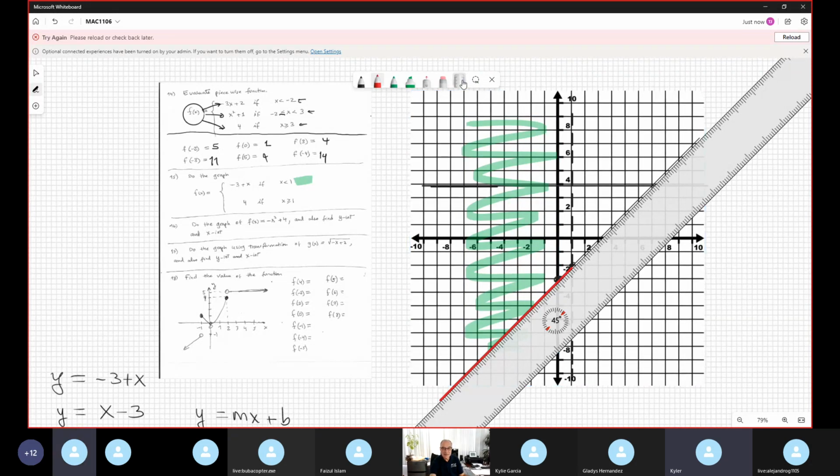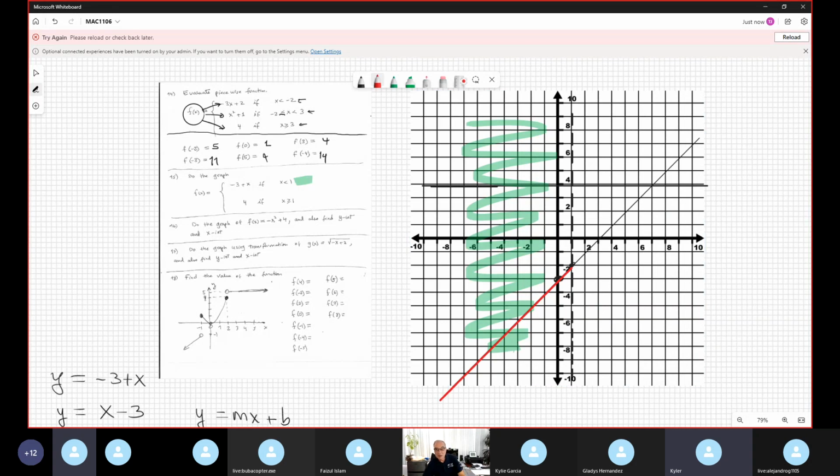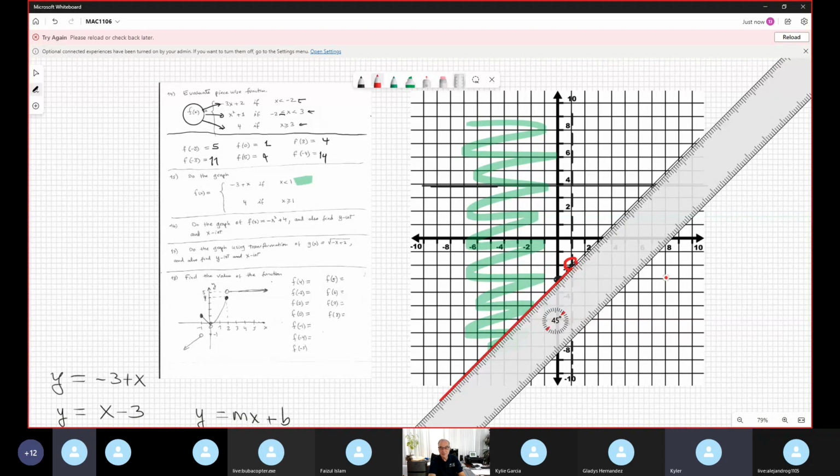I have no idea what's going on here. So this point is important. I don't know if it's closed or open. And we have a jump discontinuity. So I'm moving, jumping to another line.